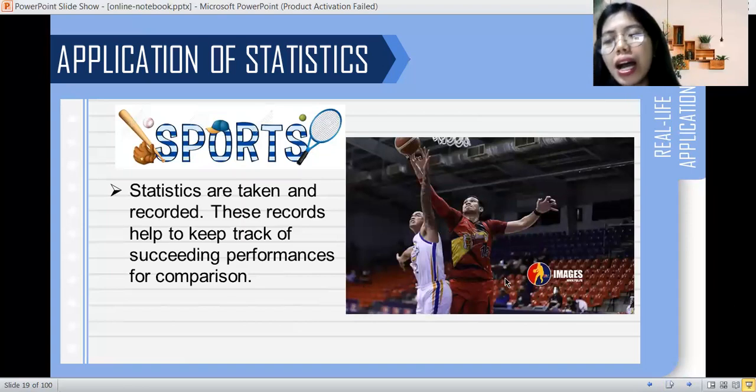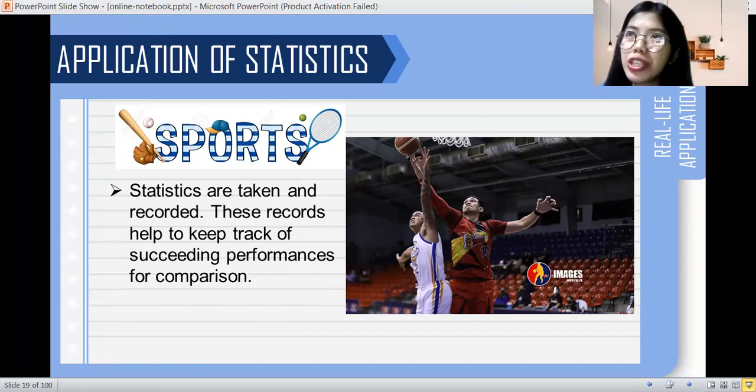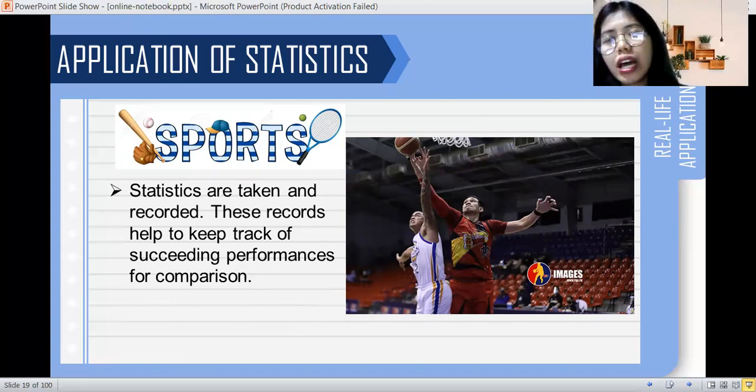So bakit nga ba sa mga basketball game, bakit may nagtatali ng scores? Bakit may naglilista ng mga violations ng mga players? Bakit natin alam na si Junmar Fajardo ang isa sa mga may pinakamaraming MVP awards na na-receive sa PBA history? That's because naka-record po yun.